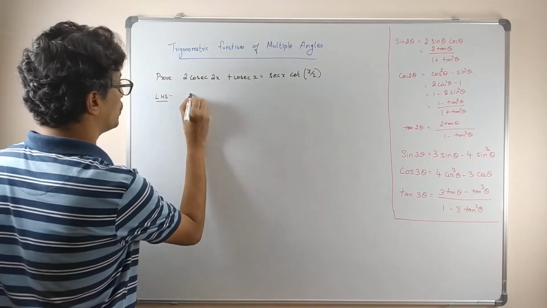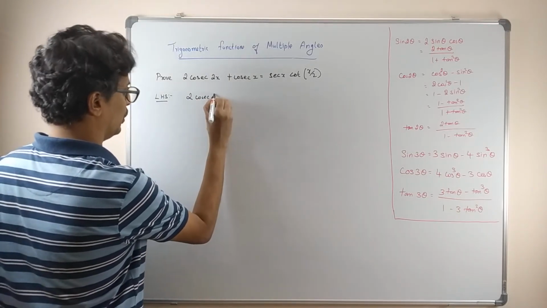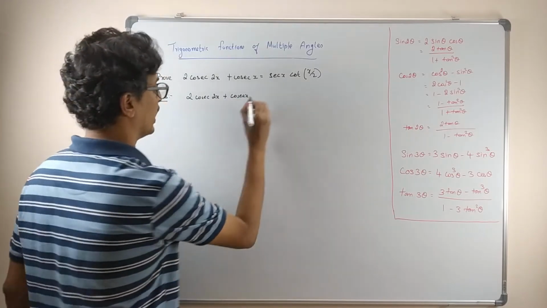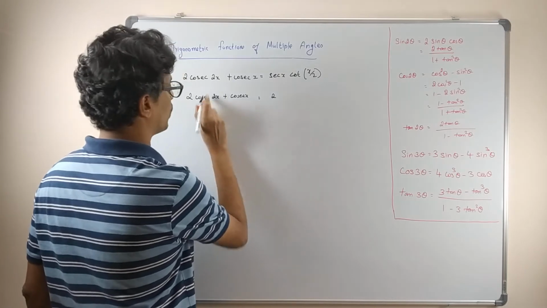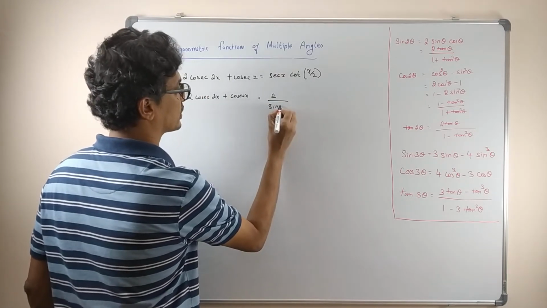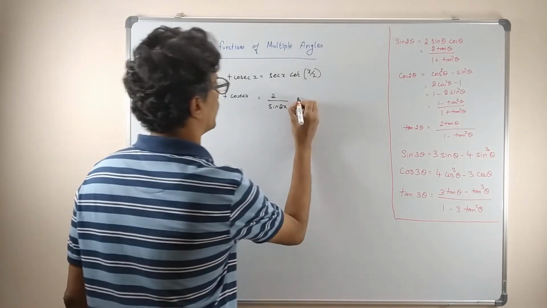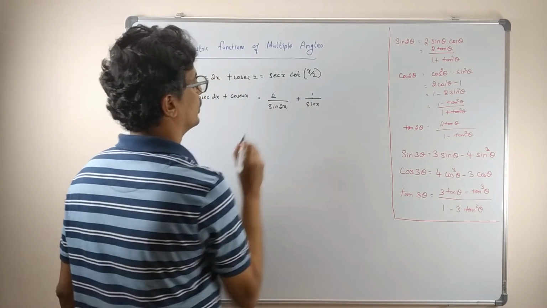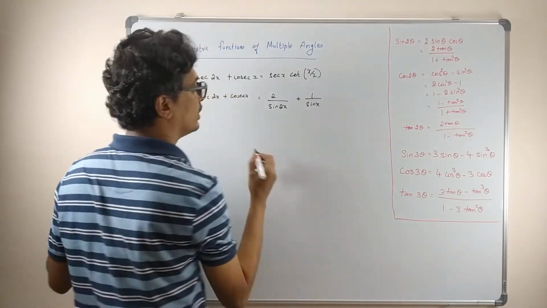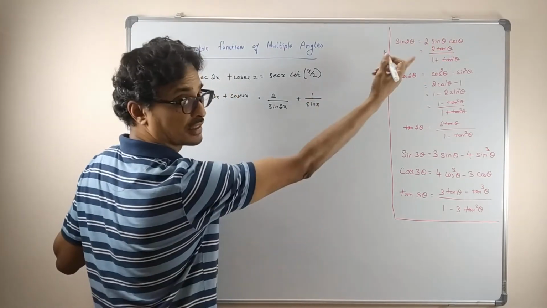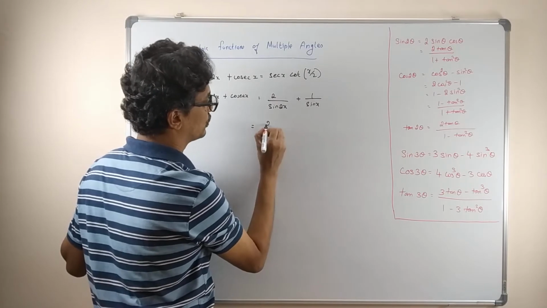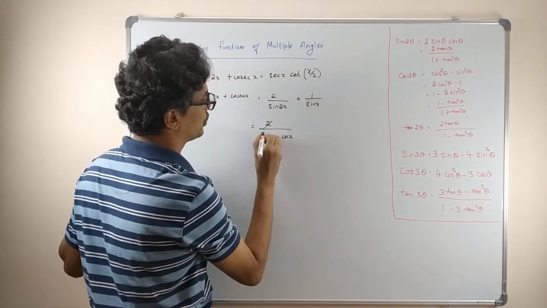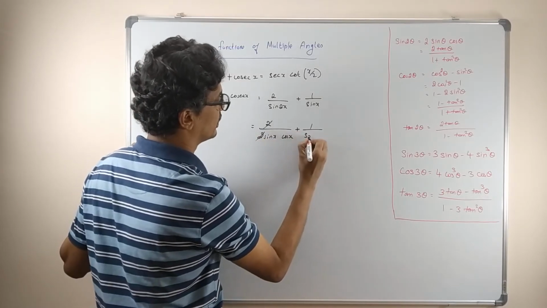What is the LHS? 2 cosec 2x plus cosec x, correct? That is equal to 2 times 1 upon sin 2x, plus 1 upon sin x. So sin 2x is 2 sin x cos x. The 2 cancels off: 2 divided by 2 sin x cos x, the 2 cancels off, plus 1 by sin x.